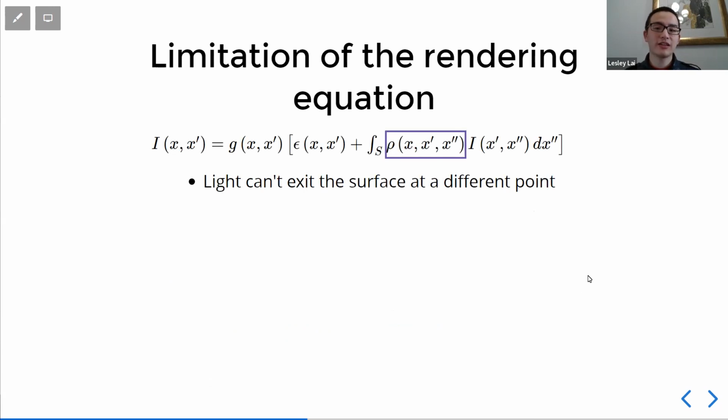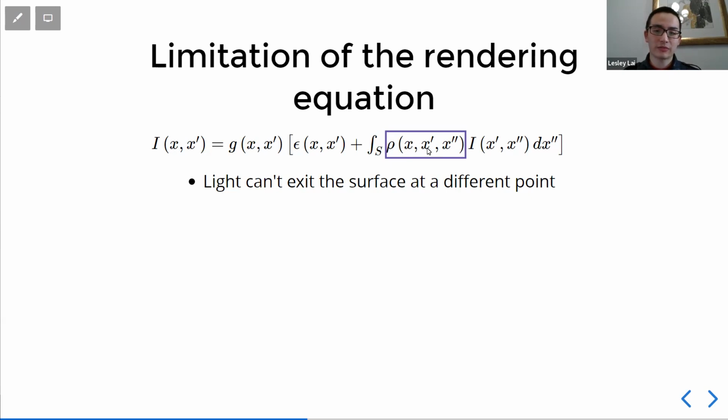Another thing the rendering equation can't do is that light can't exit the surface at different points. So notice the scattering term here, we have 3 points. We don't have a 4th point. So that's why we call it BSDF. It's just bidirectional surface reflection.